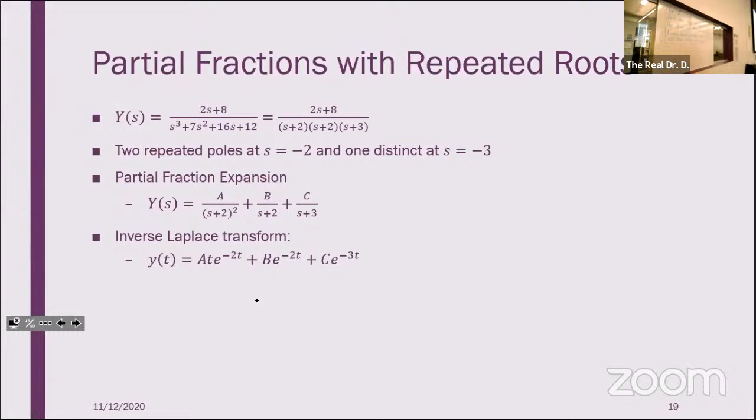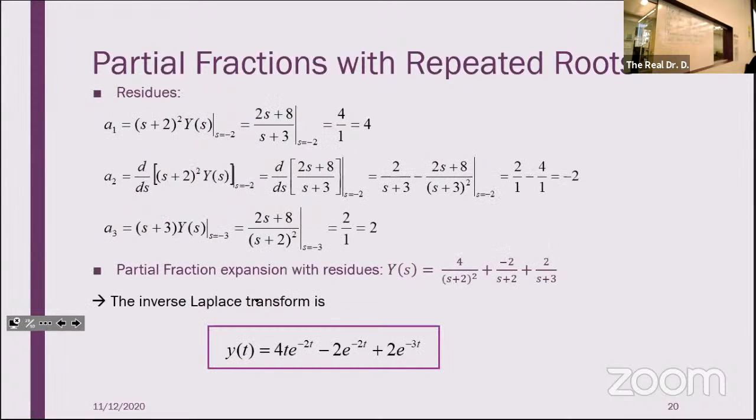We get our partial fraction expansion based off of what the roots are. We solve for A, B, and C, or A and B, however many we have to solve for. Then we look at it and say, that looks like this version of my Laplace transform. And remember, it has to match exactly, otherwise you can't use it.